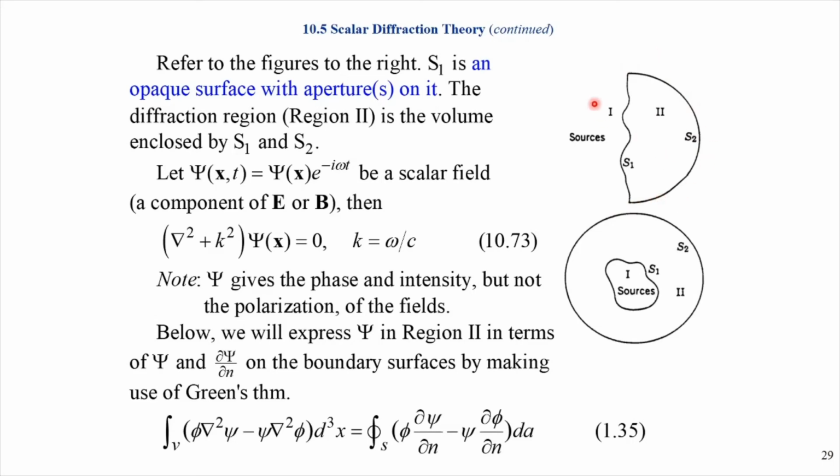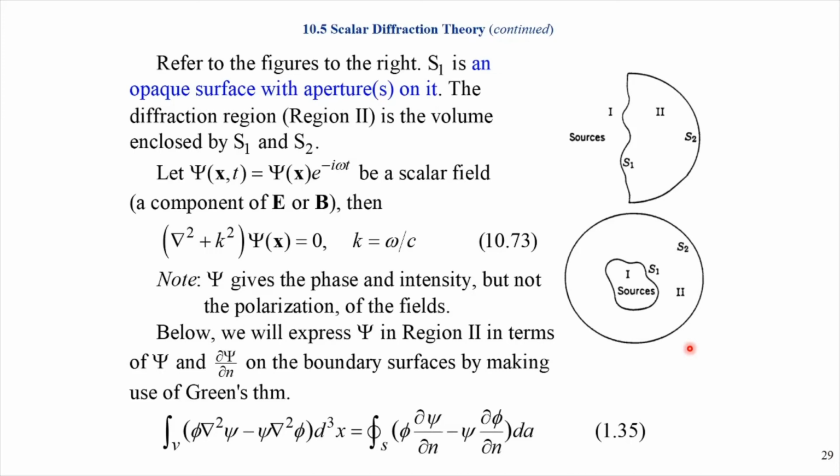So we have two regions, two surfaces. Surface 1 is an opaque surface with some small apertures, and surface 2 is nothing, another very large surface. From a top view, it looks like this. On surface 1, we have the source, and on surface 2, we have nothing, no radiation source, just waves radiating from surface 1.